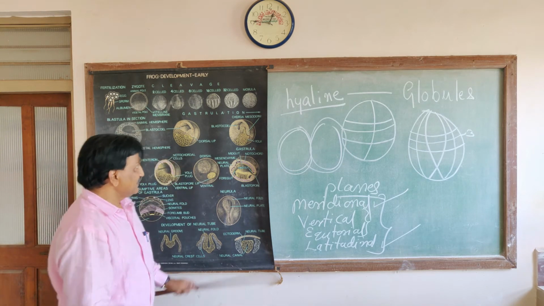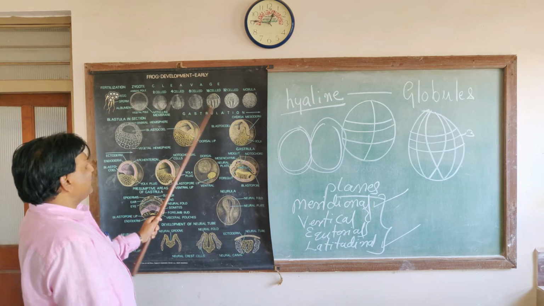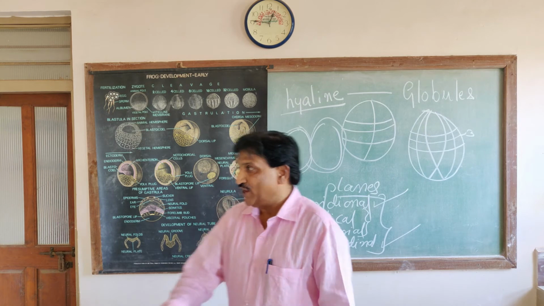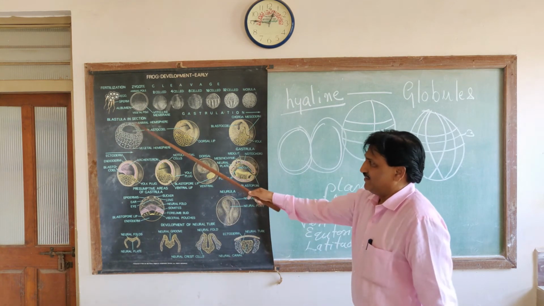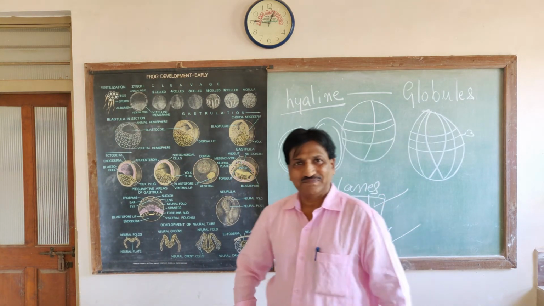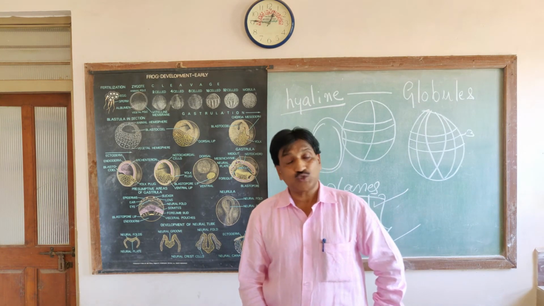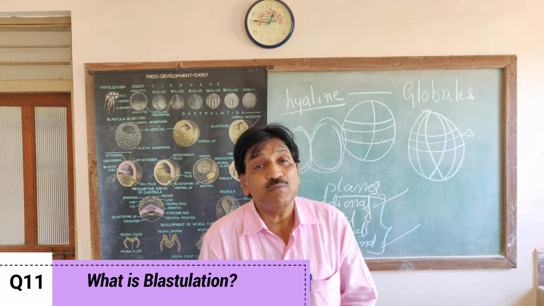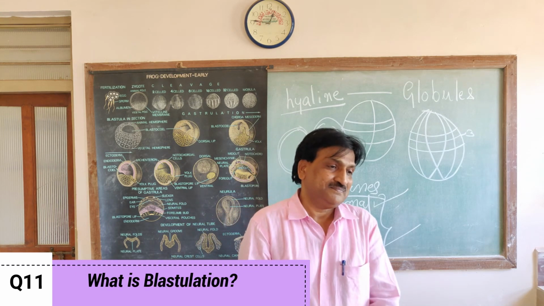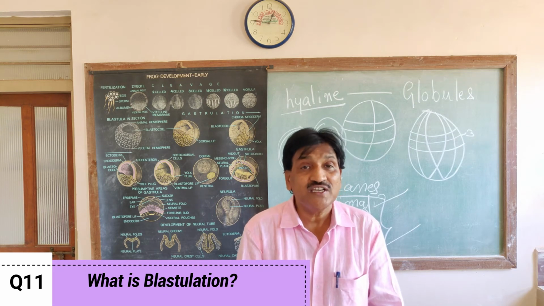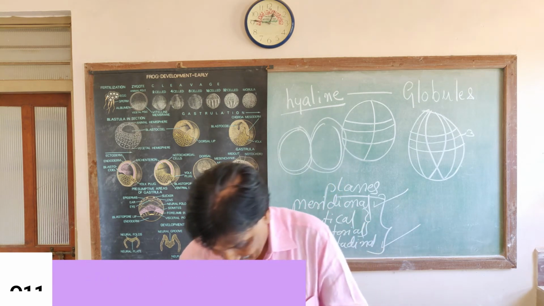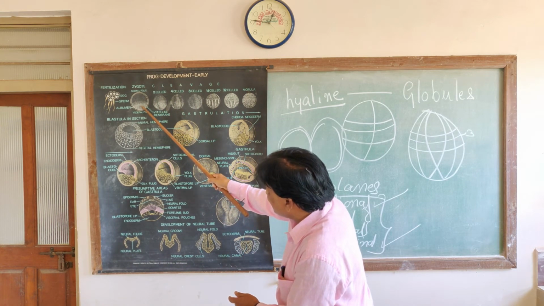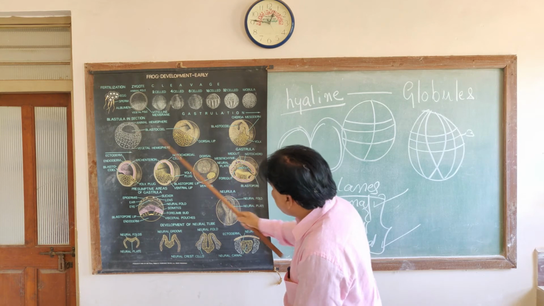The next one. This is the end of the story regarding cleavage in the case of the frog. Now, the next one is called blastulation. There is a question: what is blastulation? The conversion of a single cell zygote into many cells.